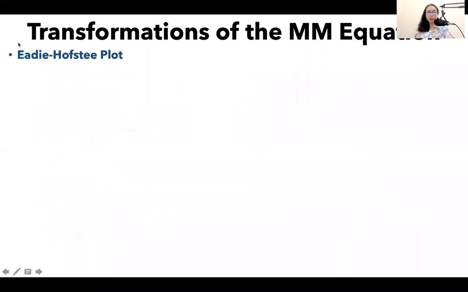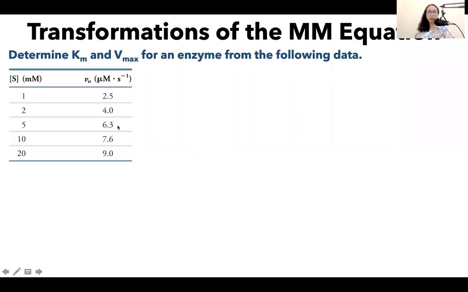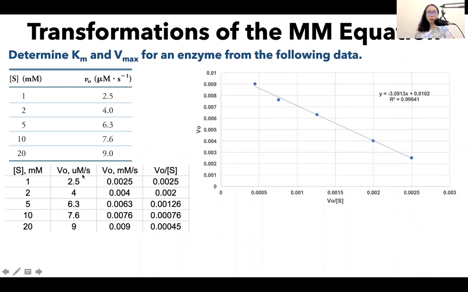Let's try using the Eadie-Hofstee equation on the same data that we solved. This time, we have initial velocity divided by substrate on the x-axis and initial velocity on the y-axis. We notice some differences.